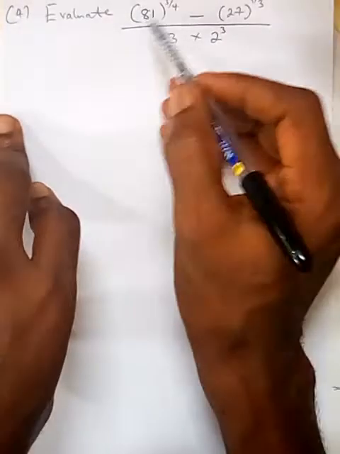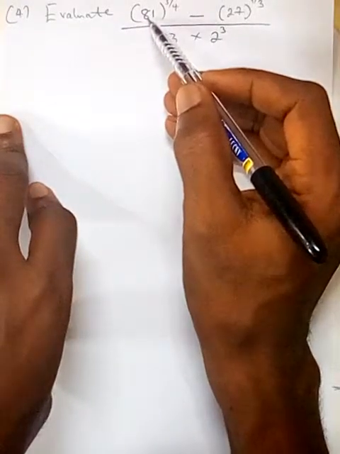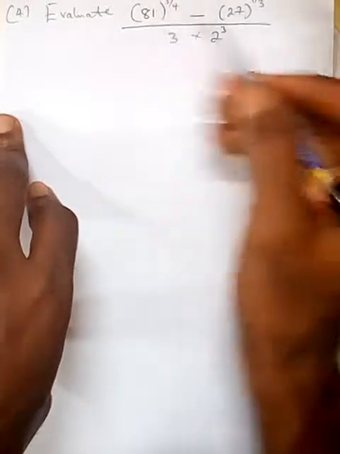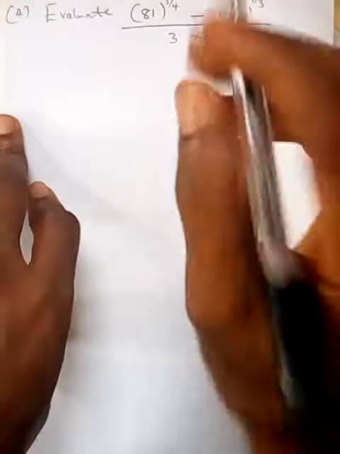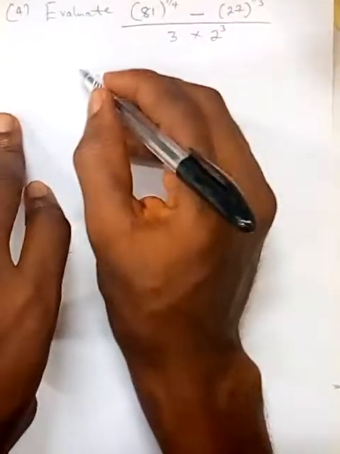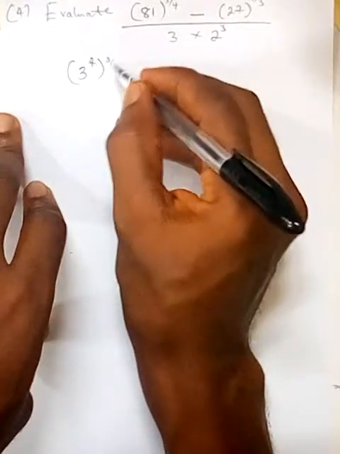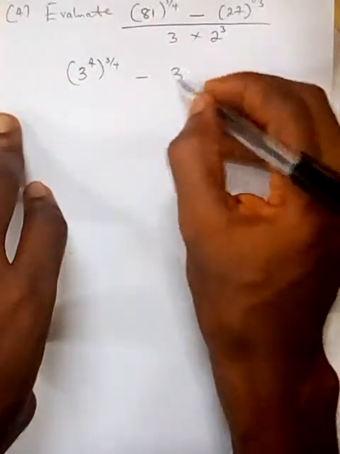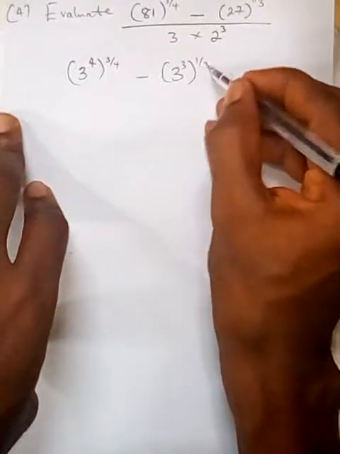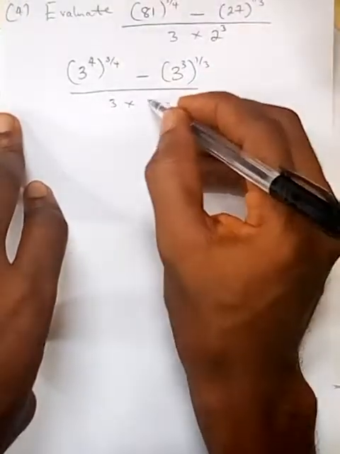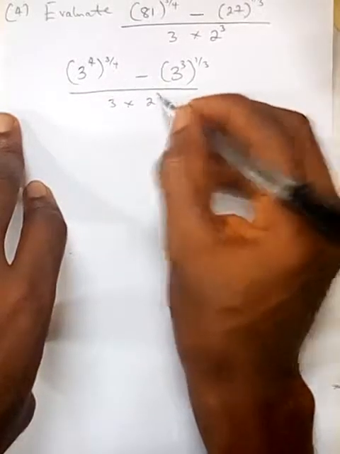If you look critically, you can take this to base 3, 3 raised to the power something, and this also 3 raised to the power something. So you do that. 81 is 3 raised to the power 4, raised to the power 3 over 4, minus 27 is 3 raised to the power 3, raised to the power 1 over 3, over 3 times 2 raised to the power 3.